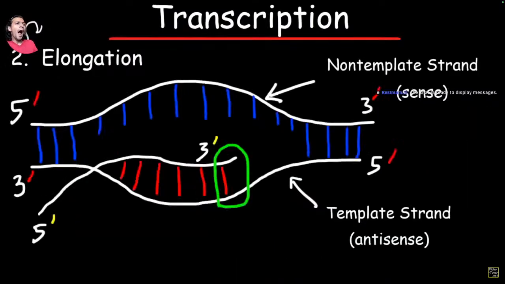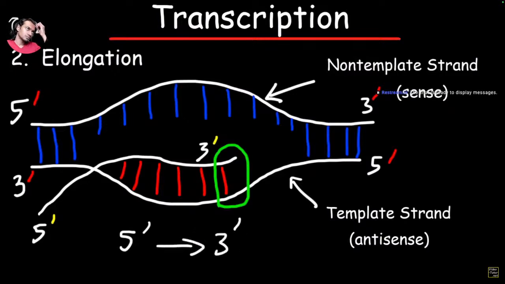The next thing that RNA polymerase does is it causes the 2 DNA strands to separate. And during elongation, it begins to add nucleotides to the growing mRNA strand that we see here. Thus, RNA polymerase synthesizes mRNA starting from the 5' end going to the 3' end.